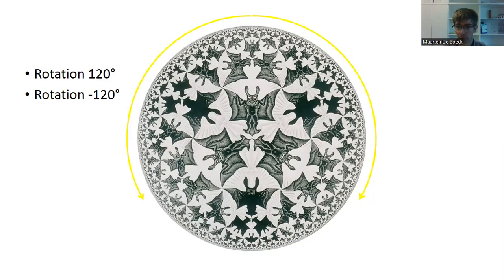Or there are more things I could have done without you noticing. Yes, clearly. I could have reflected the object over this vertical axis. You might wonder, a reflection, can you really do this with an object?